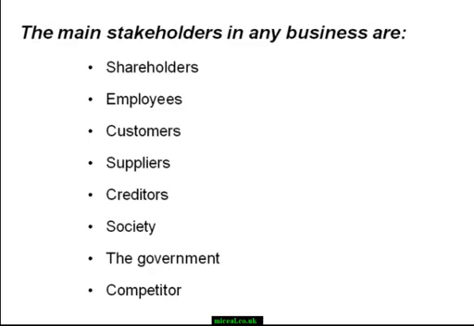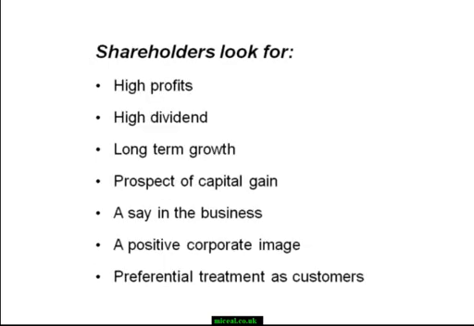Let's look at shareholders first. We'll go through each one of these very quickly to see where they stand in the scheme of things. So we'll start with shareholders as stakeholders. Shareholders are looking for high profits, high dividends, long-term growth, a capital gain on their investment. They're looking for a say in the business, some influence on the business.